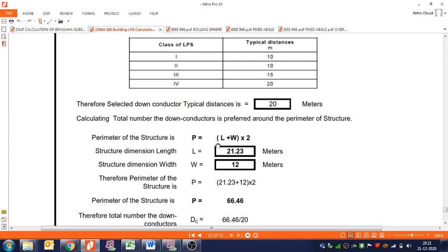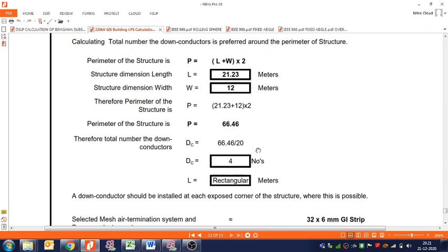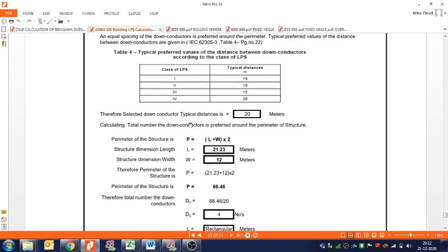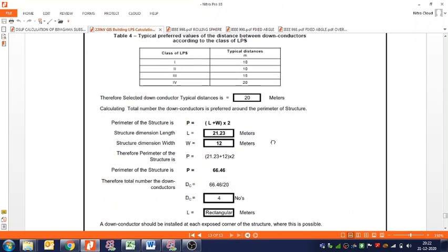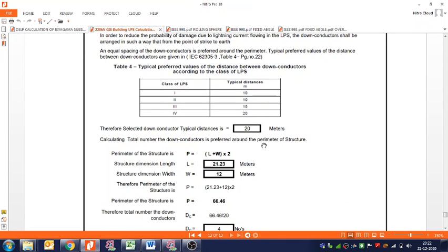So here we calculated the total perimeter of the structure of the building, L plus W into 2, and divide by the typical distance of the mesh. So L plus W into 2 is coming around 66.46, divided by 20, this mesh size, and it is coming around 3 point something, but we will take the next standard value, 4. So the total number of down conductors is 4, and the mesh size is 20 by 20.